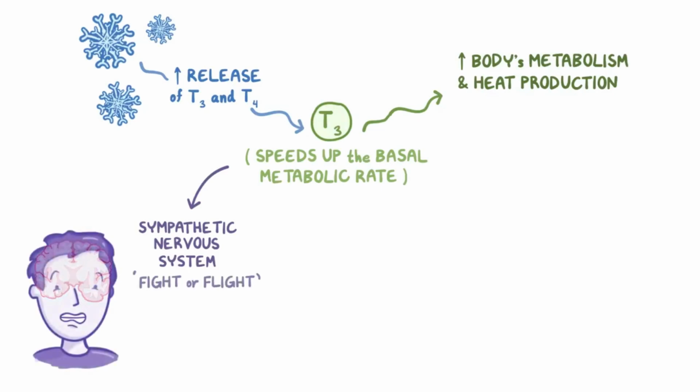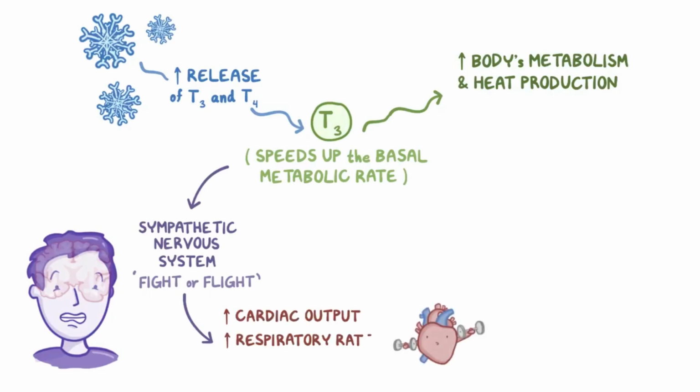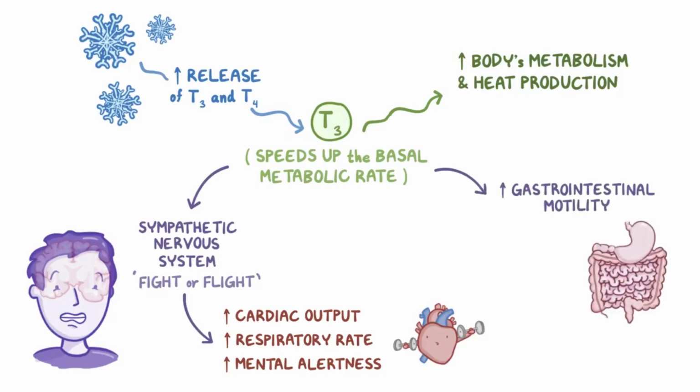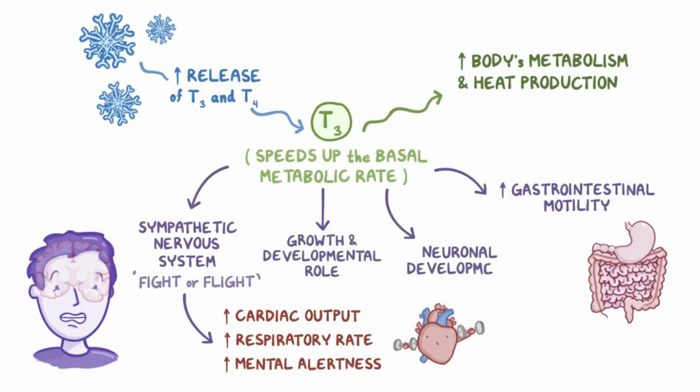This increases heart rate, which in turn increases the cardiac output, respiratory rate, and mental alertness. Thyroid hormones also increase gastrointestinal motility, and they also have a very important growth and developmental role and are necessary for normal neuronal development in growing fetuses and young children.